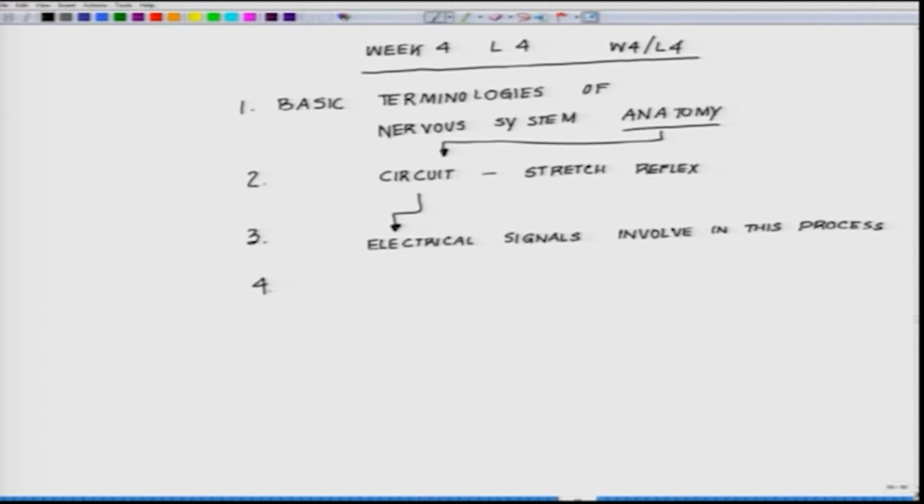And fourth, as we will proceed further, these electrical signals, what you see, correlating them with mechanical movement.